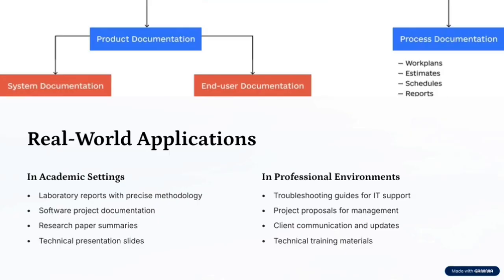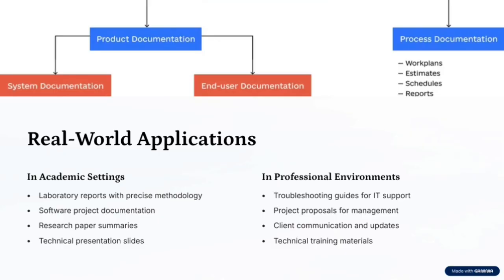So, in academic writing, if you are a student, where you need to use technical communication: when you make a laboratory report, what kind of software you have learned to use, what kind of methodology you have learned. Next, research paper. If you are writing a research paper, the language of a research paper has to be technical in nature.